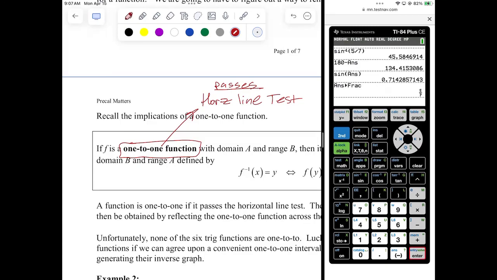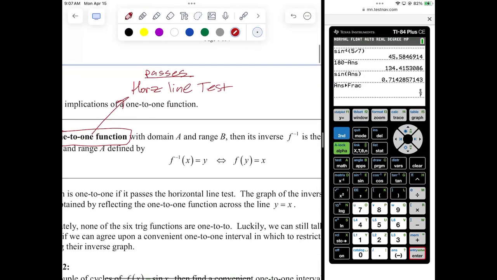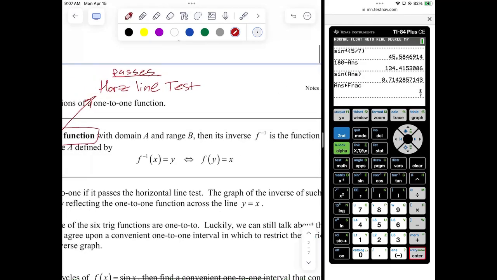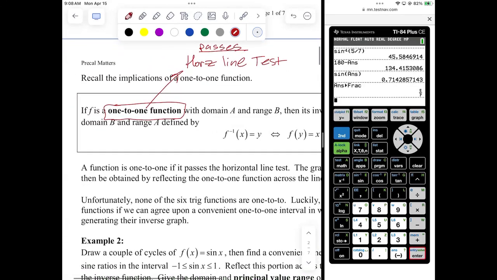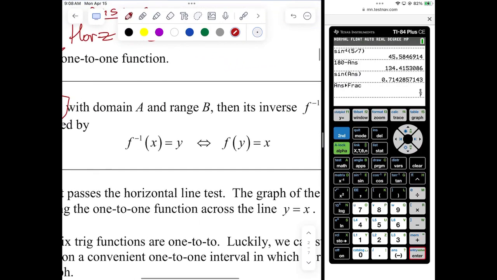All right? So if we want to know that a function has only one output when we take its inverse, we have to make sure it's a one-to-one function. A one-to-one function has only one output per input and only one input per output. What happens then when we take the inverse? Well, the domain and range flip.